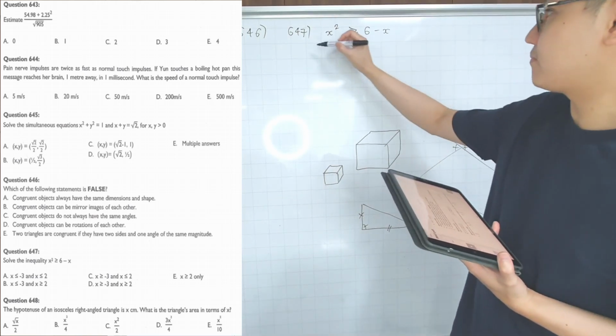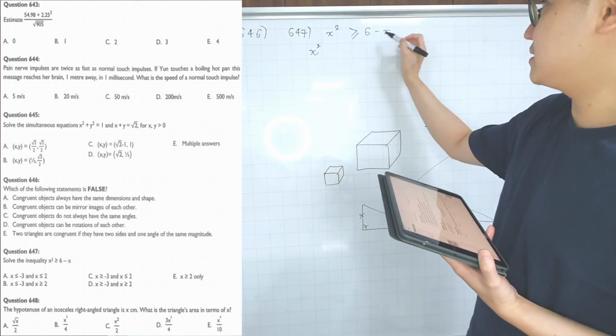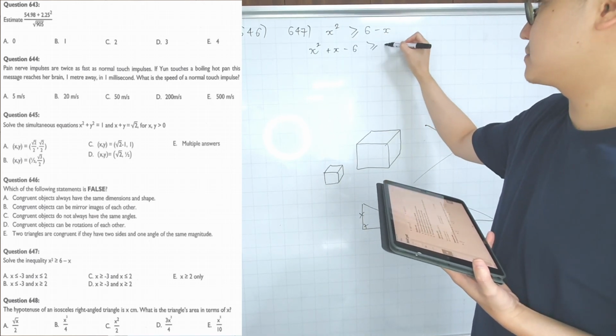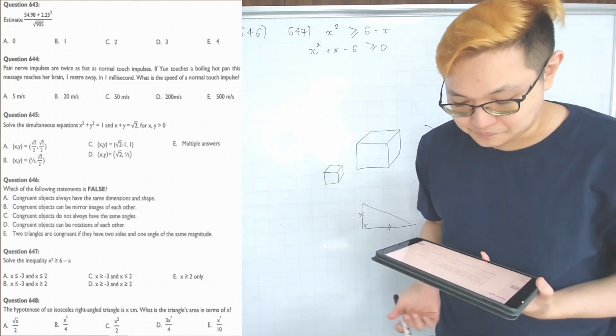But it's going to be like minus x moves here to become plus x, minus 6 equal to 0. Anyway.